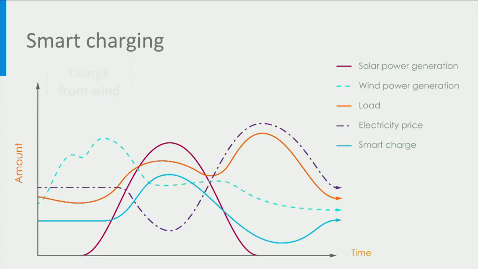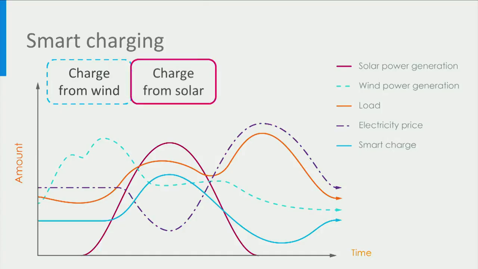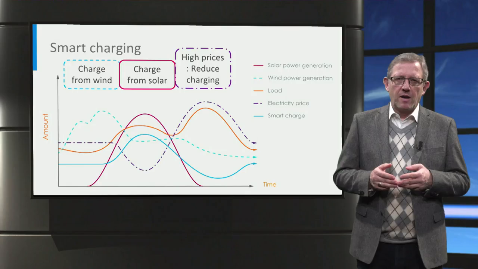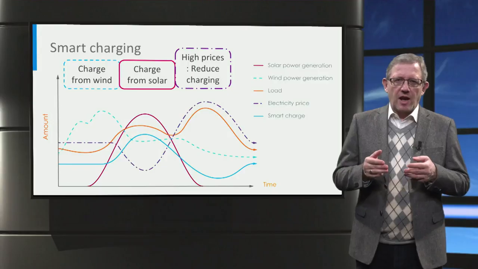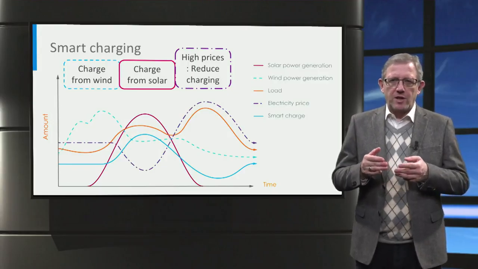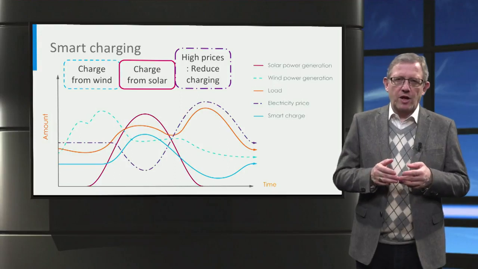With smart charging, electric vehicles can be controlled to charge from the wind generation in the morning. Then the charging can be increased to charge from both the solar and wind generation in the afternoon. Finally, the charging power can be reduced in the evening when the loading on the grid and the energy prices are high. It means smart charging can allow the sustainable charging of electric vehicles from renewable energy sources and help to reduce the cost of charging.